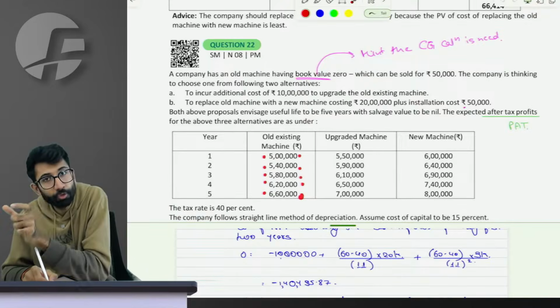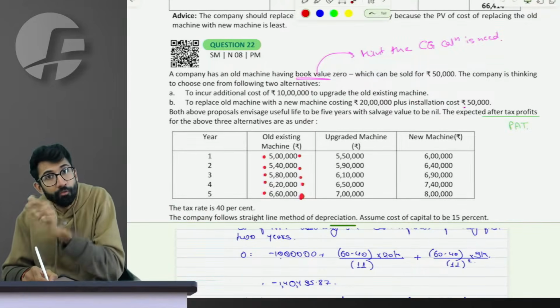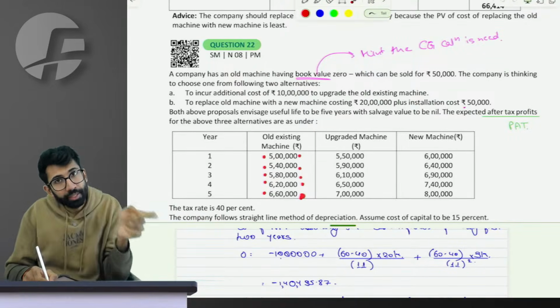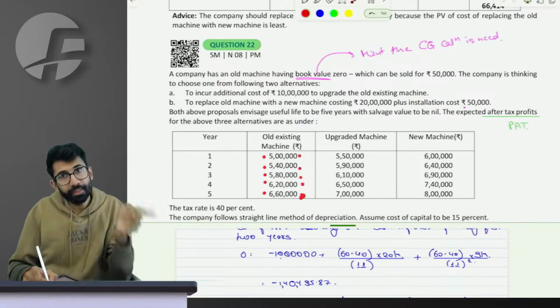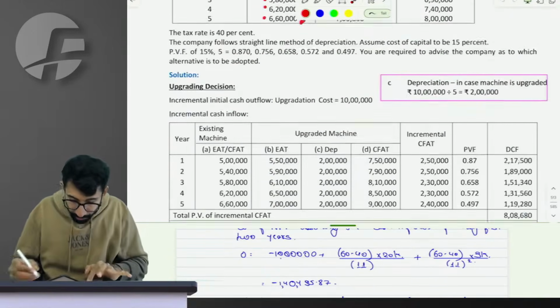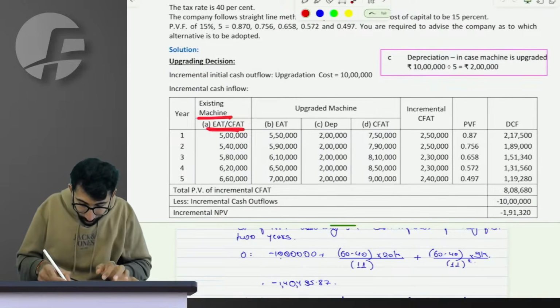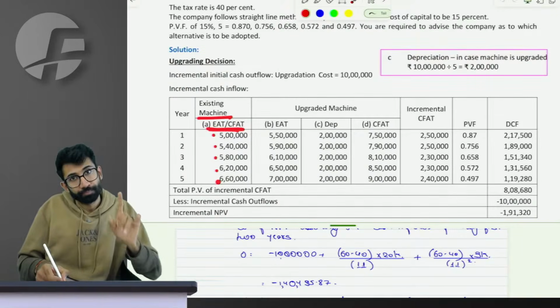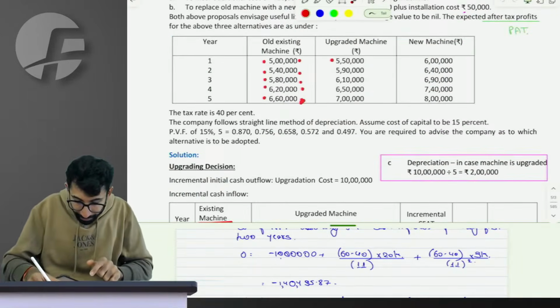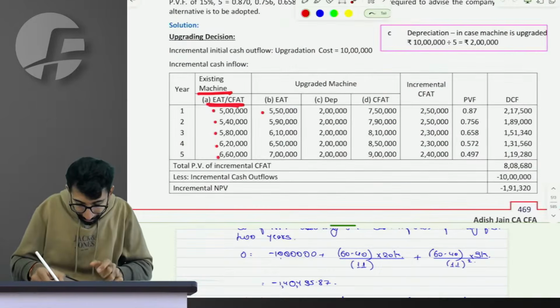Of alternative 2, which is the upgraded machine, what are the CFATs, I will first calculate and then I will find incremental. Yes. So PAT of the old machine are given. Of the upgraded machine, PATs are given to me.